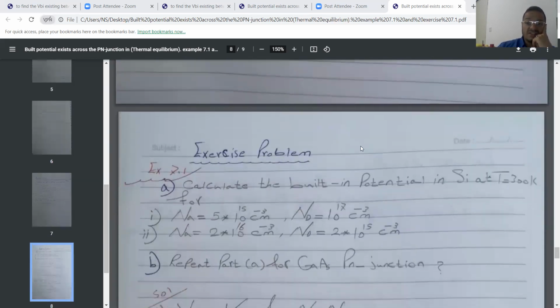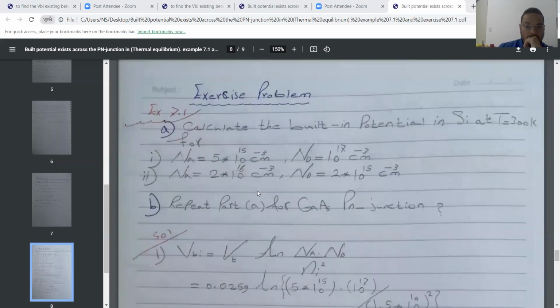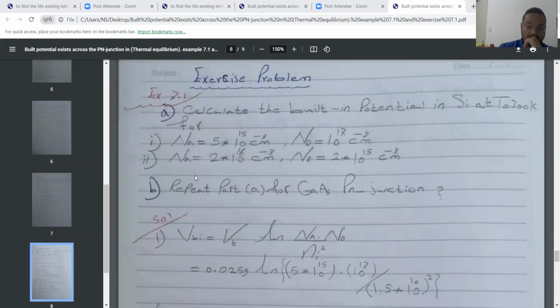Now let's solve together exercise problem 7.1. Calculate the built-in potential in silicon, the same element, at room temperature, with two results for Na and Nd.